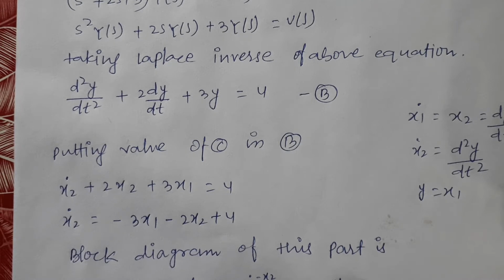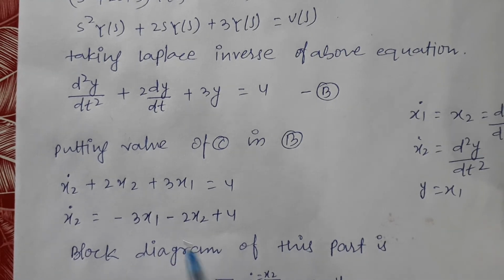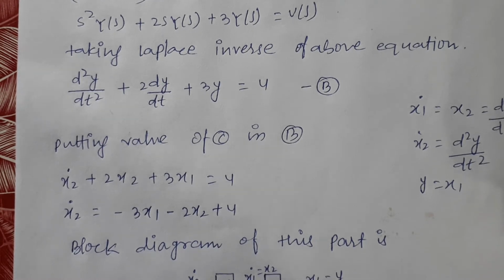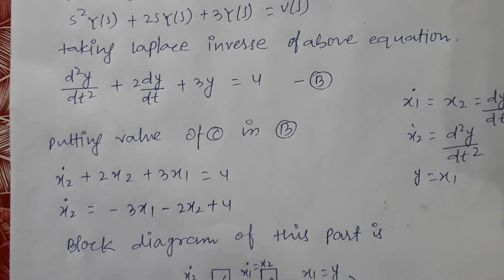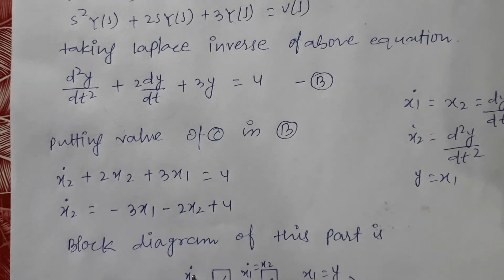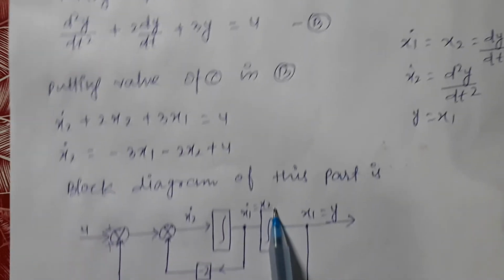The coefficient of x1 is minus 3, that's why we have written minus 3 here, and the coefficient of x2 is minus 2, that's why we have written minus 2 here, and u is the input. And this is the second order differential, this is the first order differential.